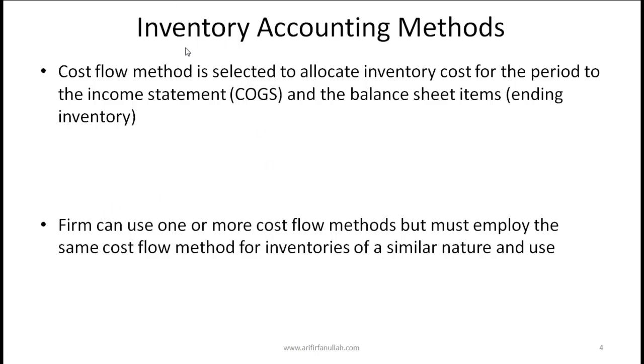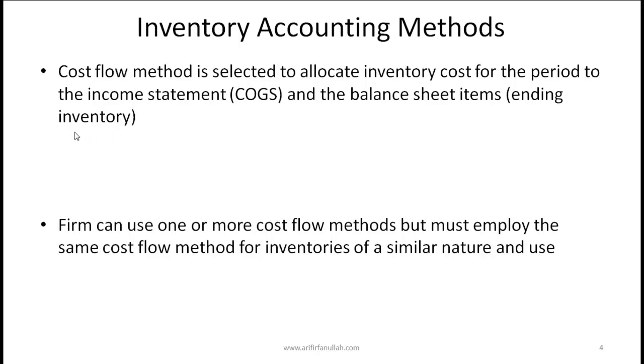Inventory accounting methods. So the cost flow method is selected to allocate inventory cost for the period to the income statement and the balance sheet items. So let me just explain the logic of this and introduce you to a few basic terms. But the idea is this.